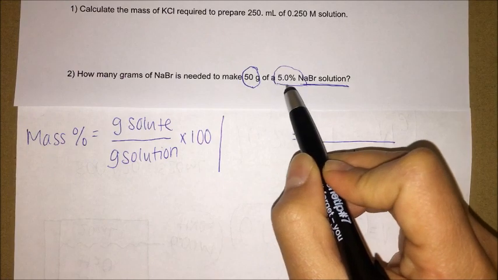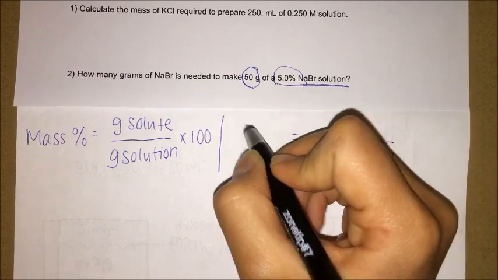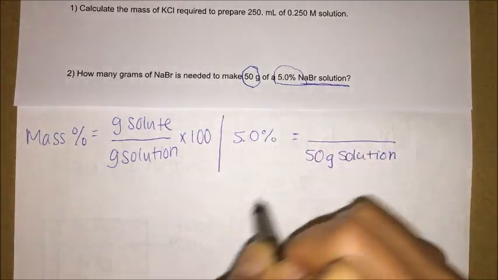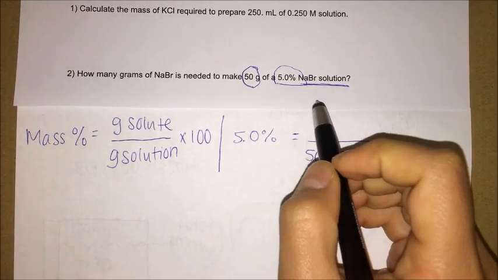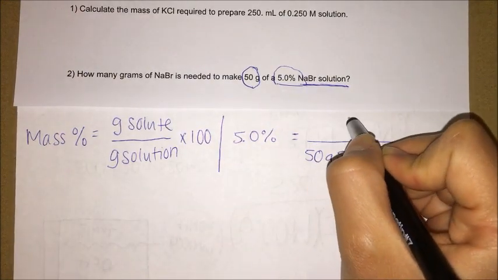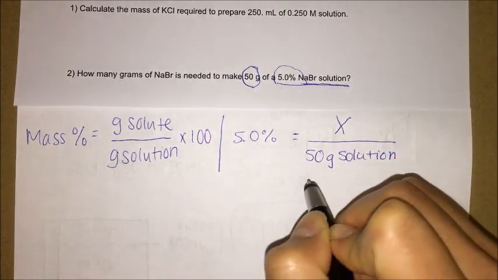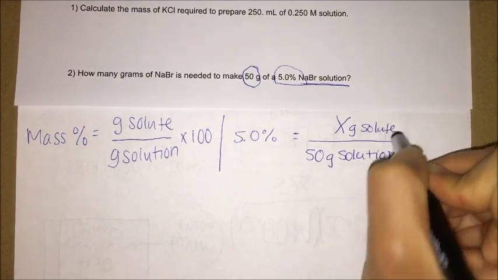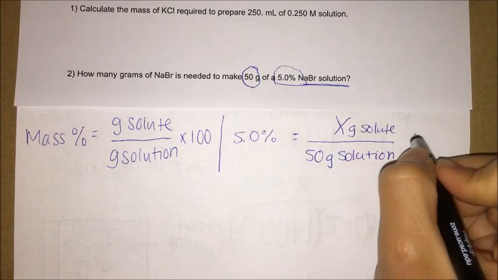They also give you the mass percent of your solute, which is 5, so we'll plug it in here. They do not give us our grams of solute, so we'll just call that X grams of solute. And then don't forget you have to multiply by 100.